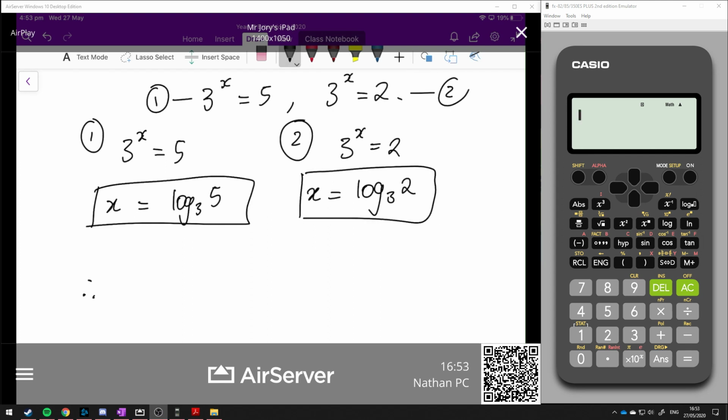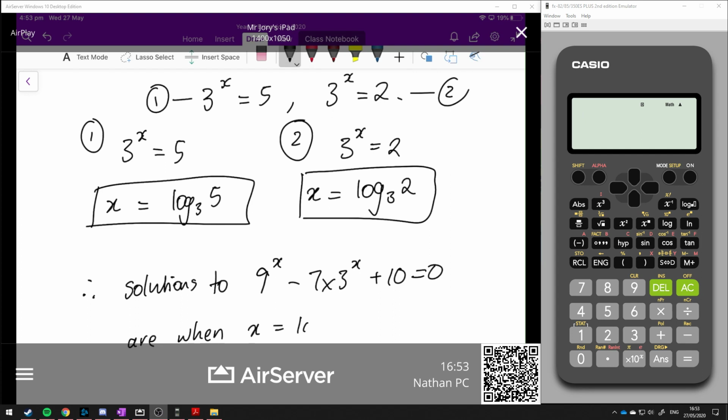So therefore, the solutions to 9 to the power of x minus 7 times 3 to the x plus 10 is equal to 0 are when x is equal to log base 3 of 5 and when x is equal to log base 3 of 2.